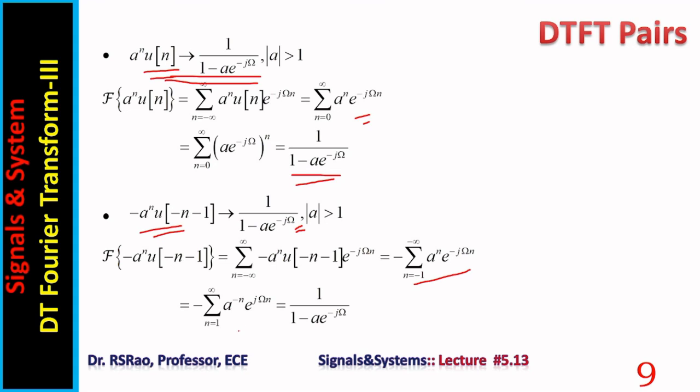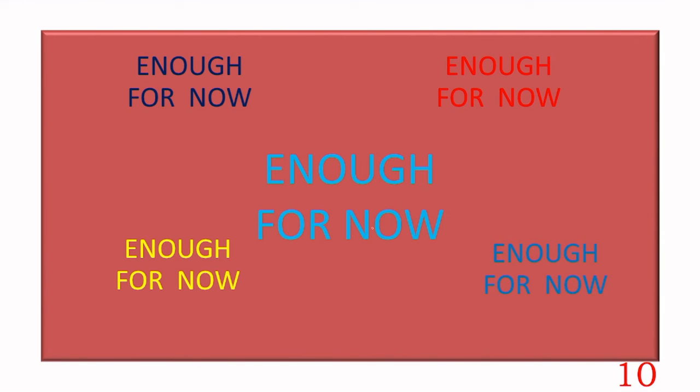A little bit of simplification and manipulation leads us to give it equal to 1 by 1 minus a e power minus j omega. With this, we come to an end of this session.